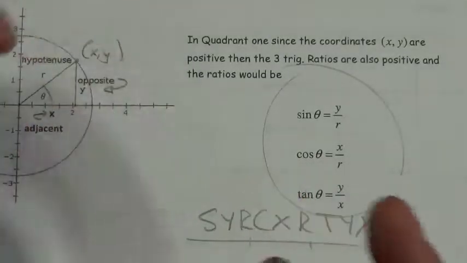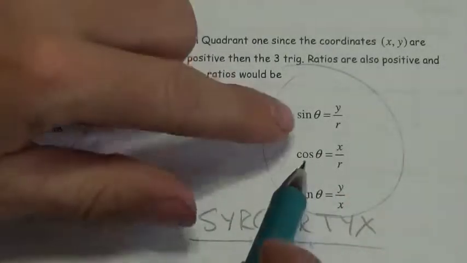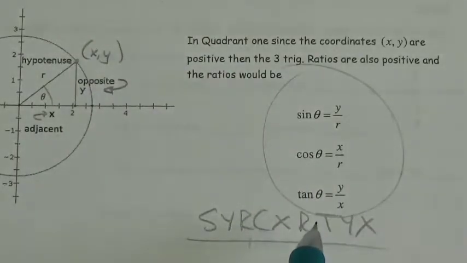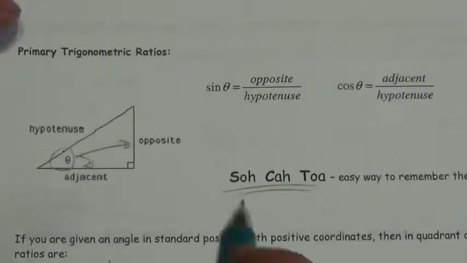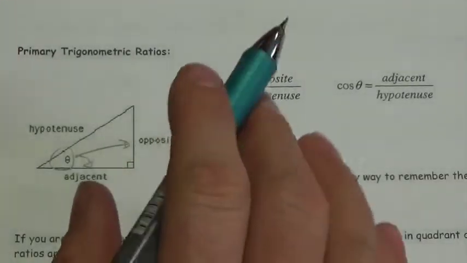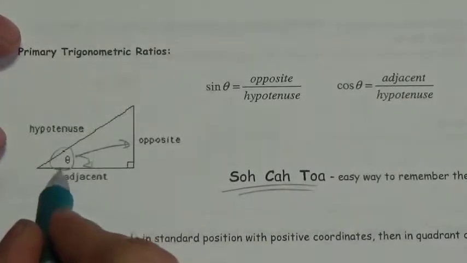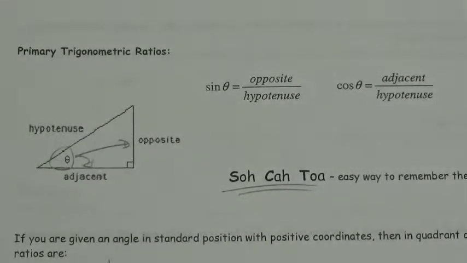And now hopefully this is going to start to clue in. The reason why we're making this change is so that we can go past 90 degrees. If all we do is limit ourselves to opposite, adjacent and hypotenuse, we are stuck with angles in a right angle triangle that have to be acute.